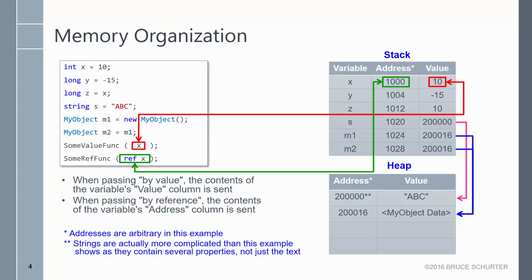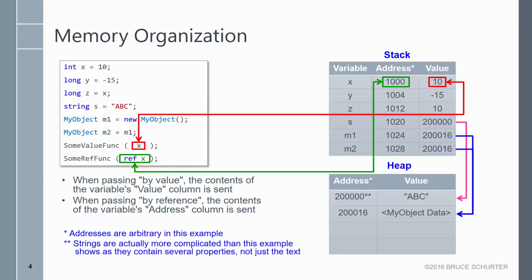So if we passed m1 to a function, we're passing basically address 200,016, which means in the function you've declared a new variable of type myObject and assigned to it the value of 200,016. Therefore, any changes made to that variable will affect the original because they're all pointing to the same heap address.